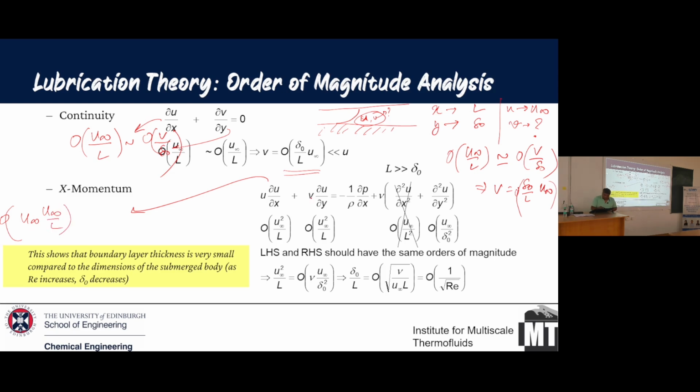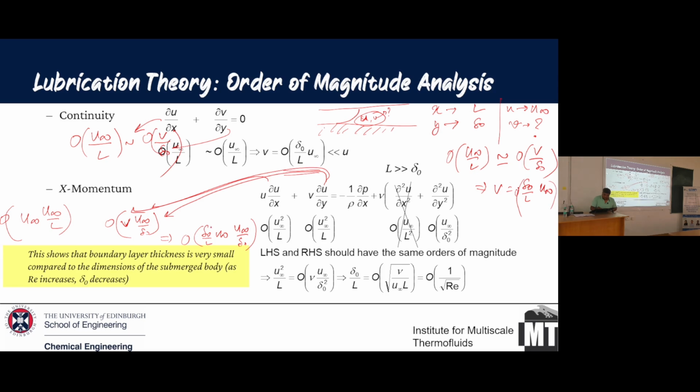If you look at v, so v del u by del y can be written as order v del u by del y. So this is u infinity by delta naught. We can substitute what is v from your continuity equation. So from here, I'm going to get order delta naught by L times u infinity by delta naught.